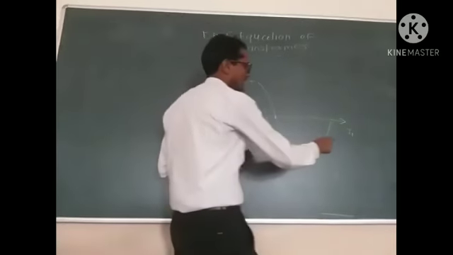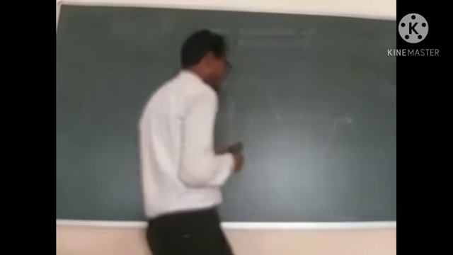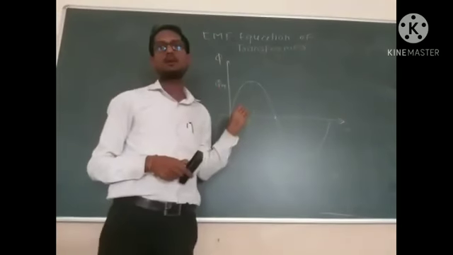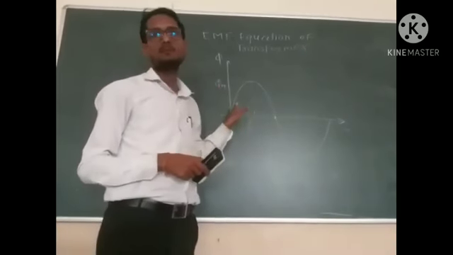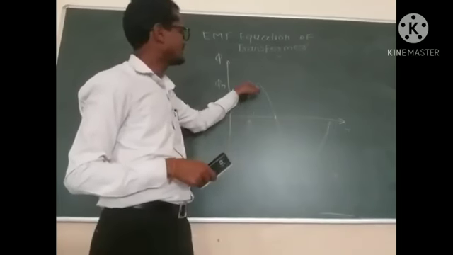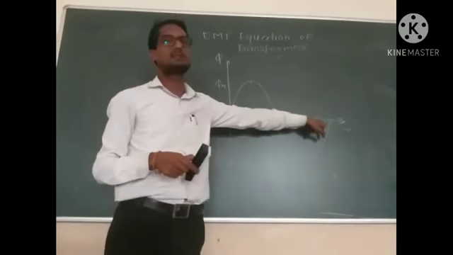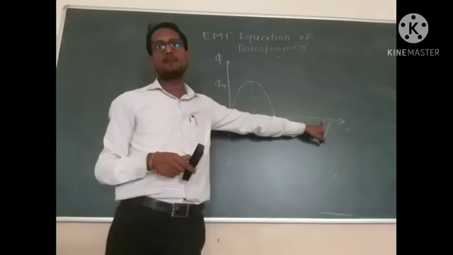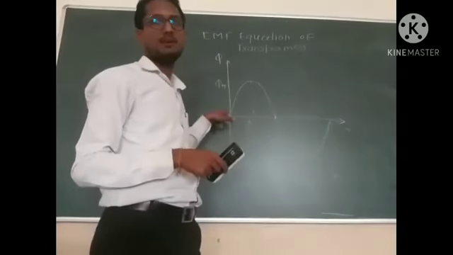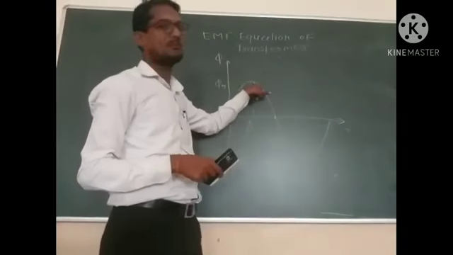This is the total time, and this is the maximum flux. So here we draw the flux that travels from the 0 position to the 360-degree position. Okay, now the flux increases from 0 to its maximum value.